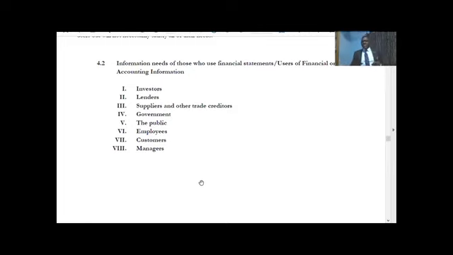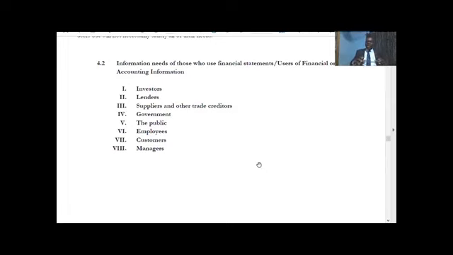The government will be interested in a business entity through many of its agencies, for example, the Ghana Revenue Authority. If the entity is not exempt from tax and it's a tax paying entity, then the government will be interested in the performance of the entity.